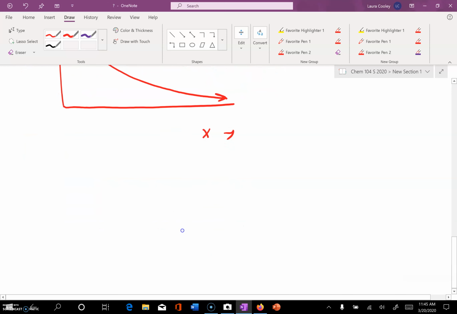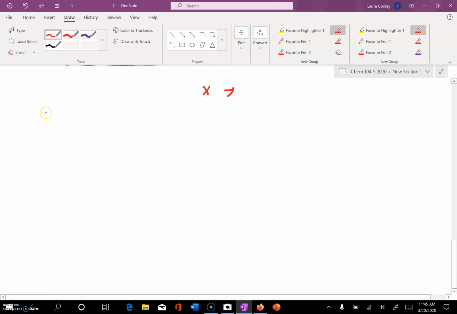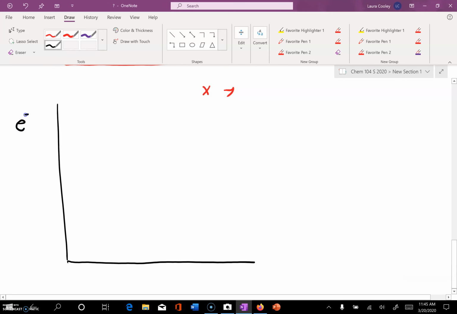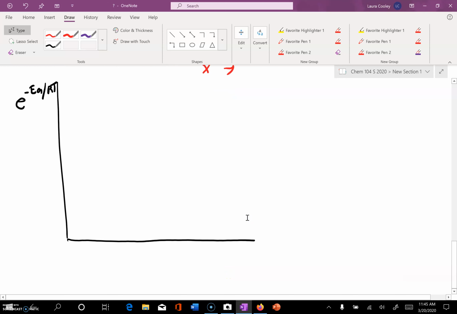Now, what we're interested in is actually e to the minus Ea over RT. Okay? And our x is Ea over RT. And this is going to, of course, look the same. It's going to look like this.